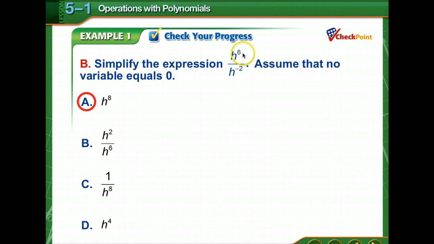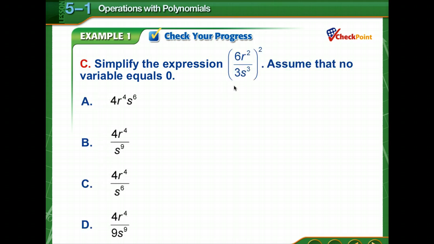So when you move this one, you have to change its sign. 6 plus 2, so h to the 8th. 6 divided by 3 is 2. 2 squared is 4. R to the second squared, 2 times 2 is 4. 3 times 2 is 6. Very good.